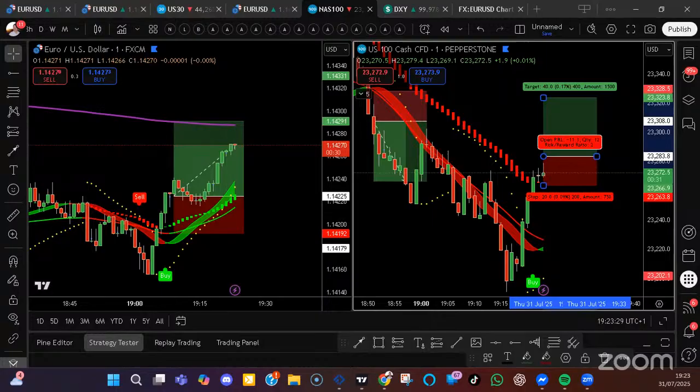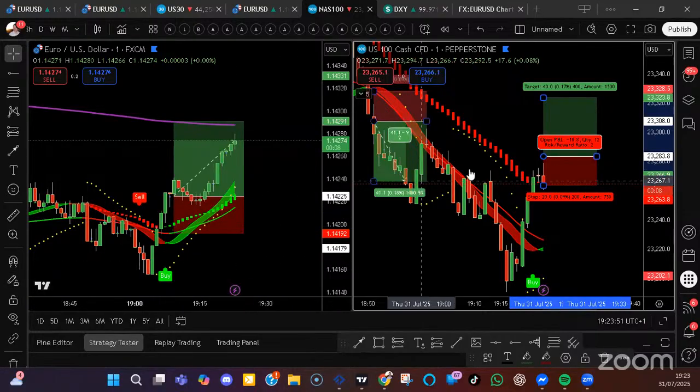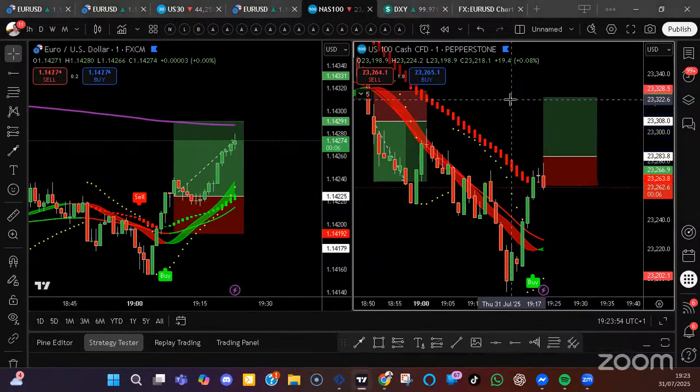Raj was in. He was in quick in and out. He got £972. I take it you got a $100,000 prop firm account. Is that right, Raj? Which one was you on? Was you on the EUR USD or the US 100?